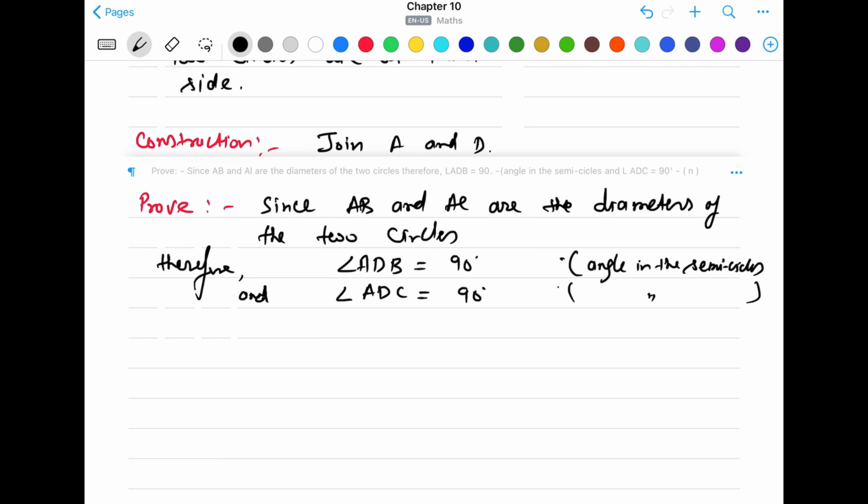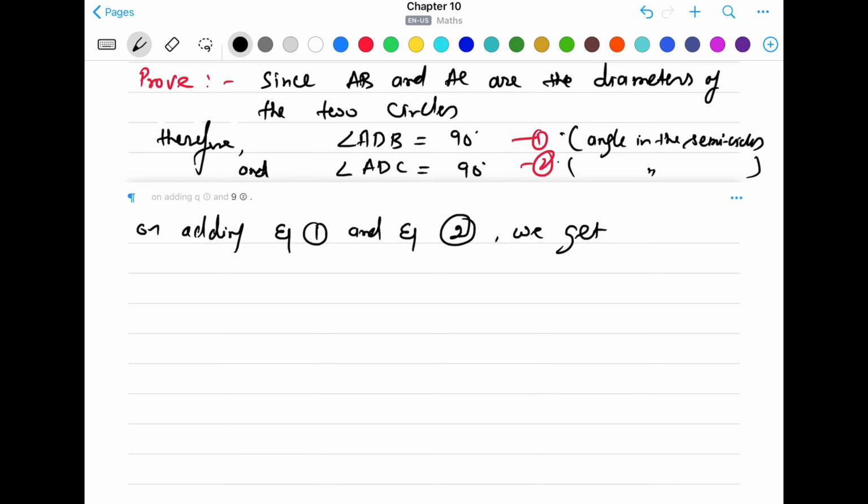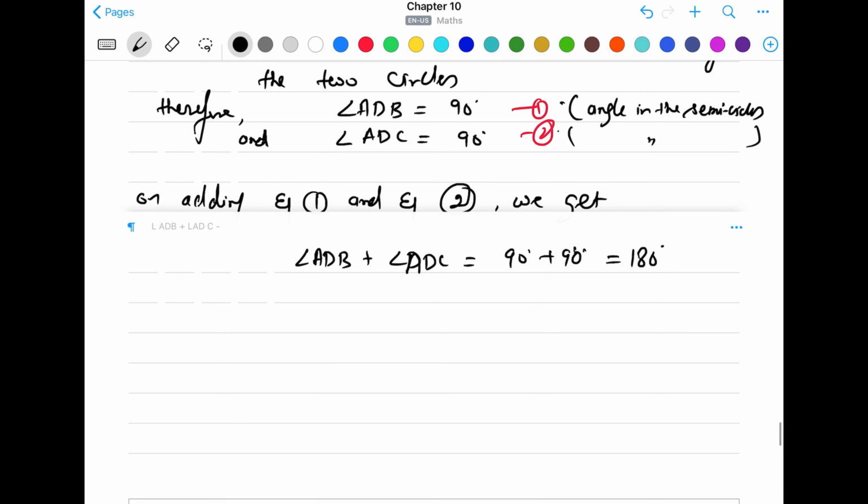Now we can add these two. Let's name them 1 and 2. On adding equation 1 and equation 2, we get angle ADB plus angle ADC is equal to 90 plus 90, equals 180 degrees.